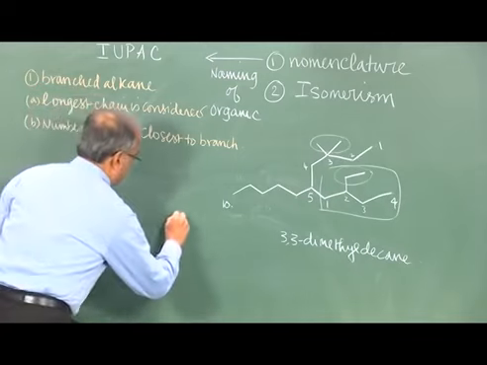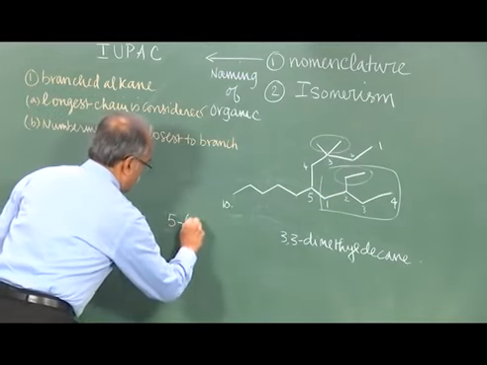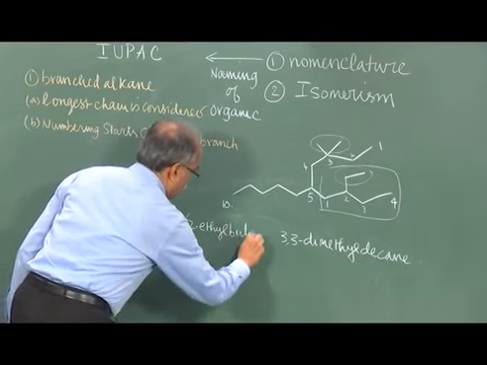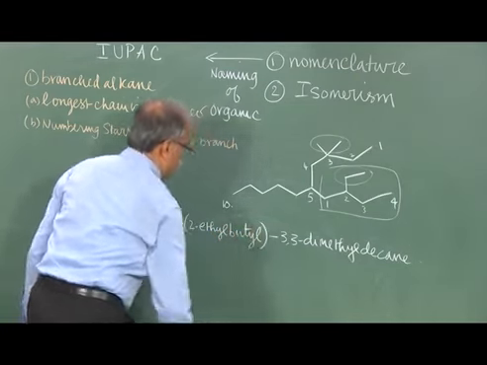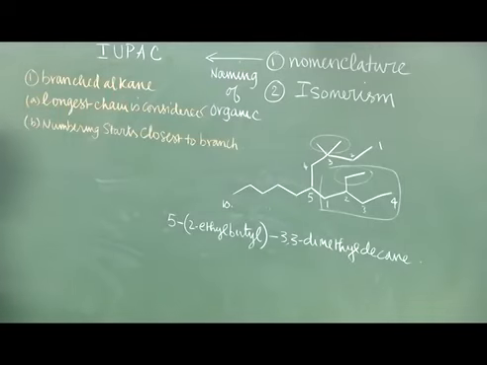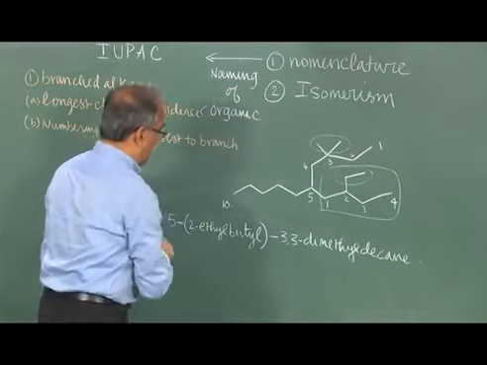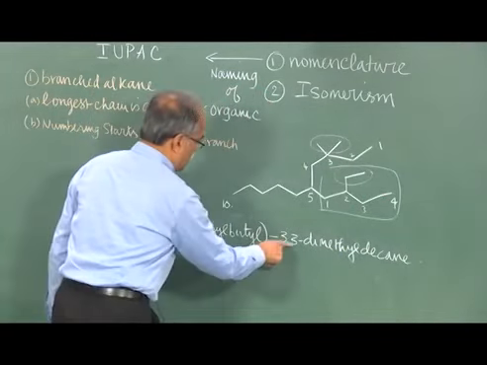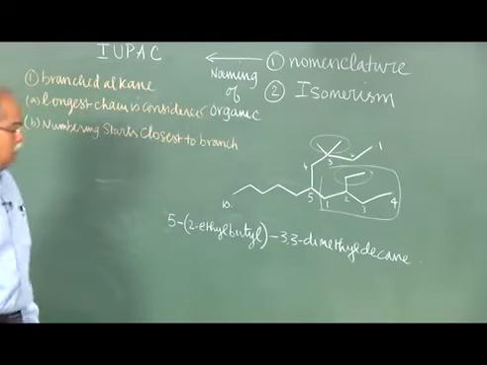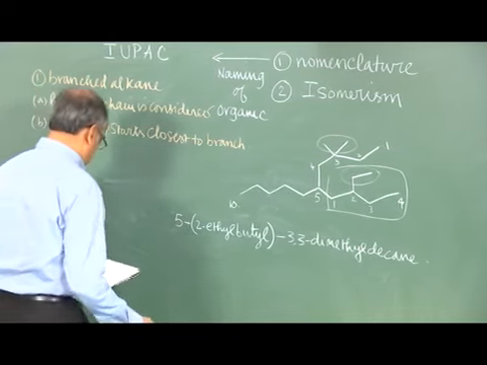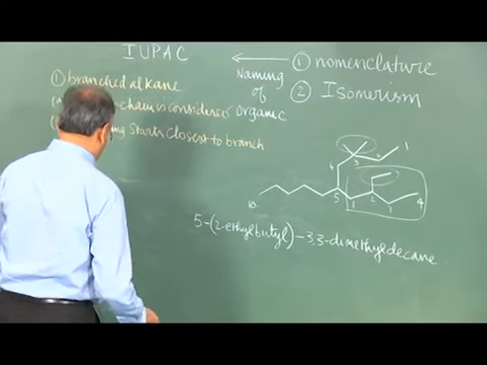So, this would be 5, 2 ethyl butyl, 3,3 dimethyl decane. If you start numbering from the other end, that will give higher numbers for the substituents that are present here. The sum of the numbers should be minimum. So, this is a systematic way of giving a nomenclature for this particular compound.